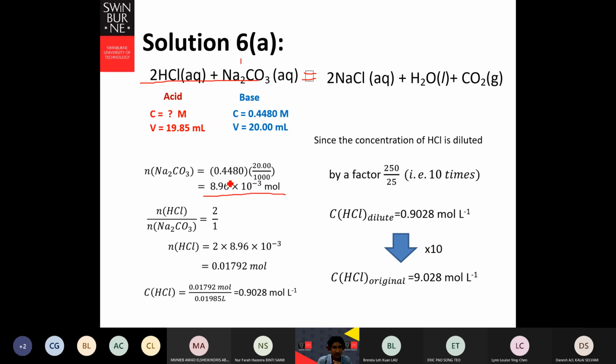From there we know the number of moles, and it is 1:2, so the HCl will be double that of sodium carbonate. So it becomes 0.1792, and it is in 19.85 milliliter. That means 0.01985 liter, and this gives the concentration of it.